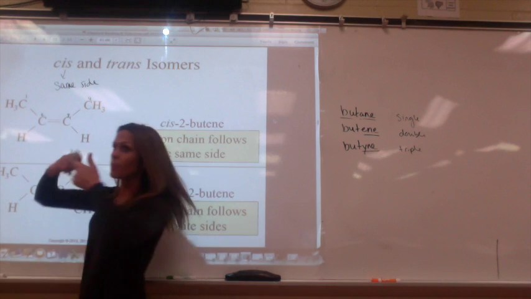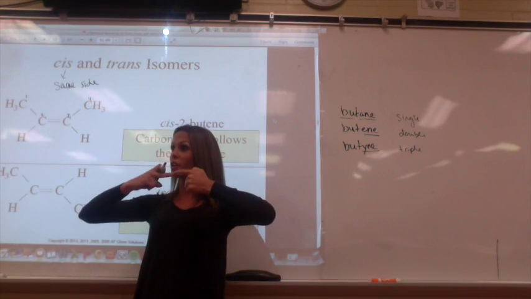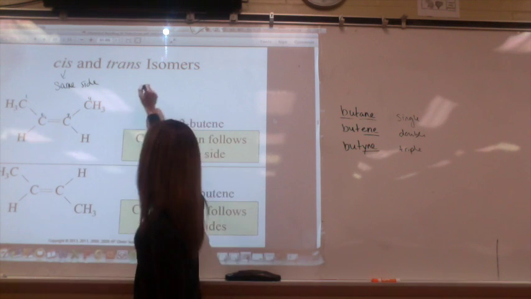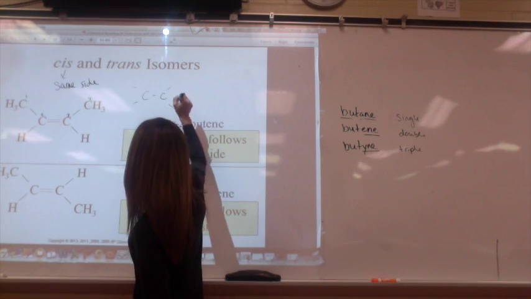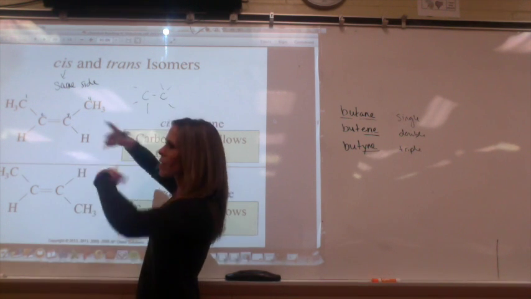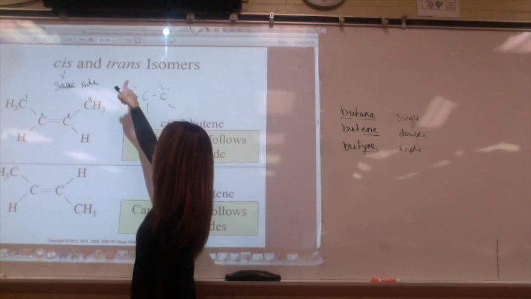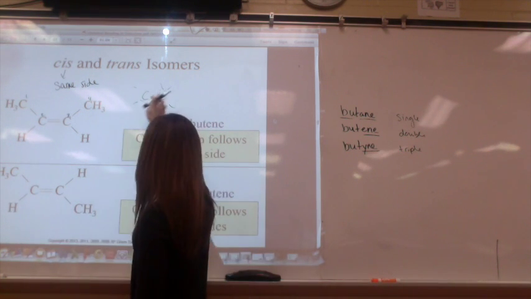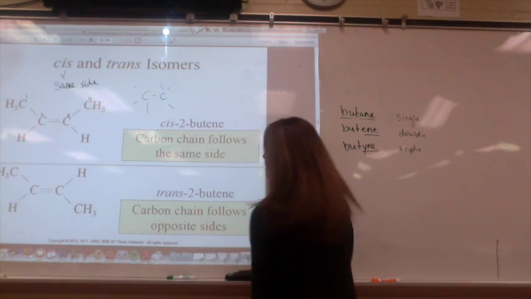Before the double bond, you have spinning that occurs, but once you put that double bond in, it's stuck. It can't spin anymore. If I had just a single bond, it would just spin around, so it doesn't matter if there's a CH3 here or a CH3 here. It's just spinning wherever it wants to go. As soon as you put that double bond in there, it gets stuck.